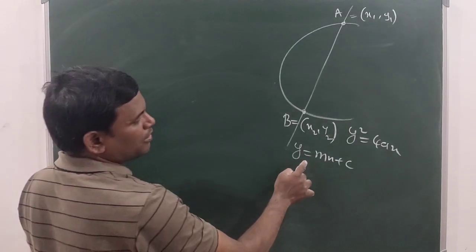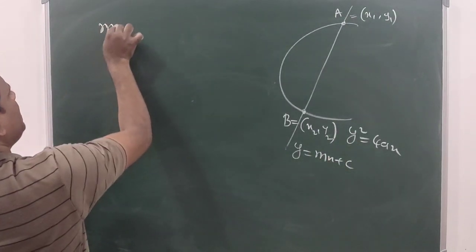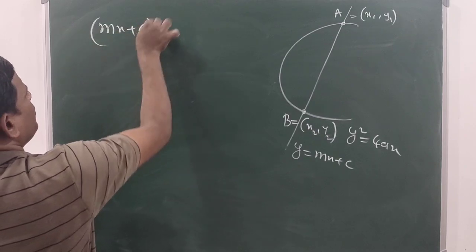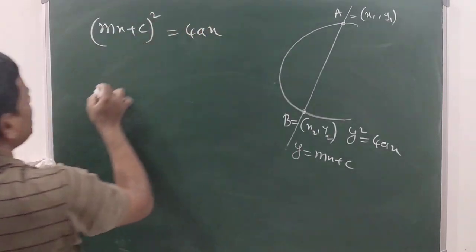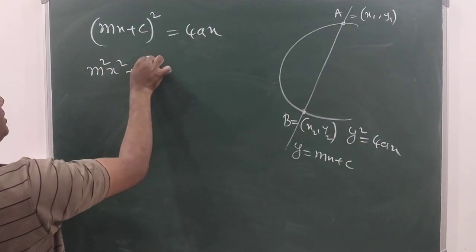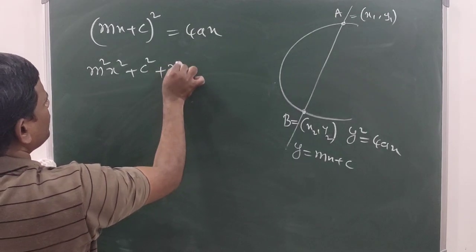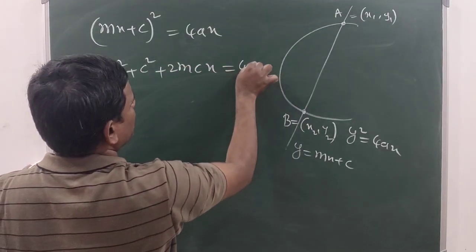Now replace y by mx plus c in that, so that you will get (mx plus c) whole square, which is equal to 4ax. Now simplify same like the previous one. m square x square plus c square plus 2mcx, which is equal to 4ax on the right side.